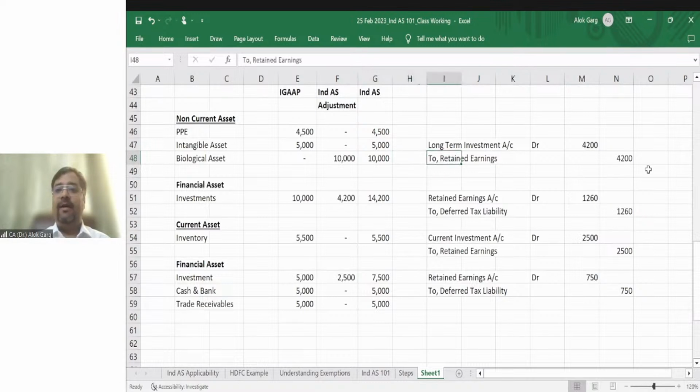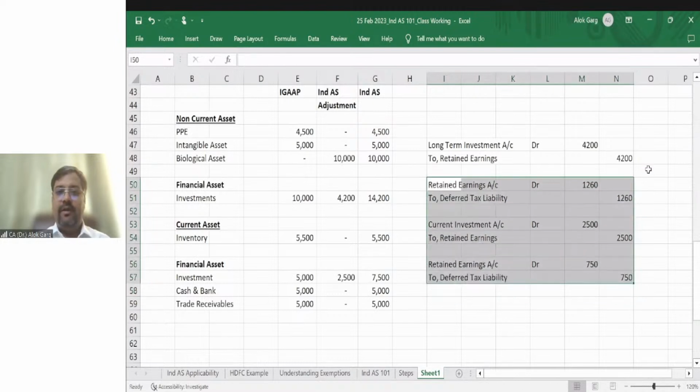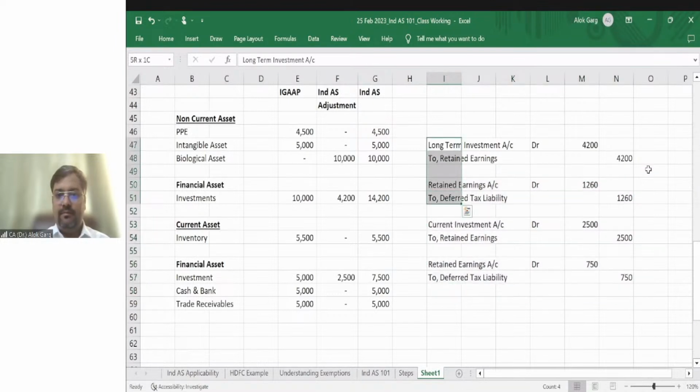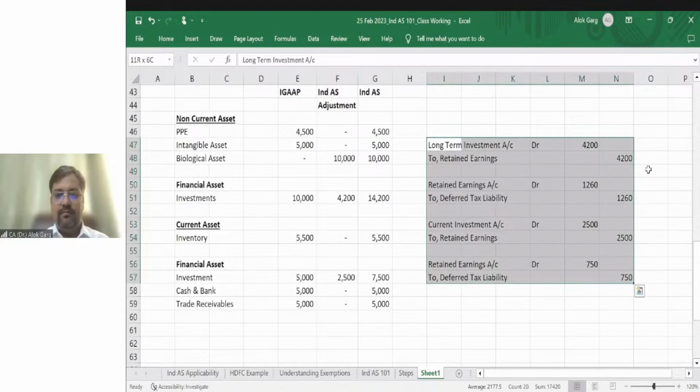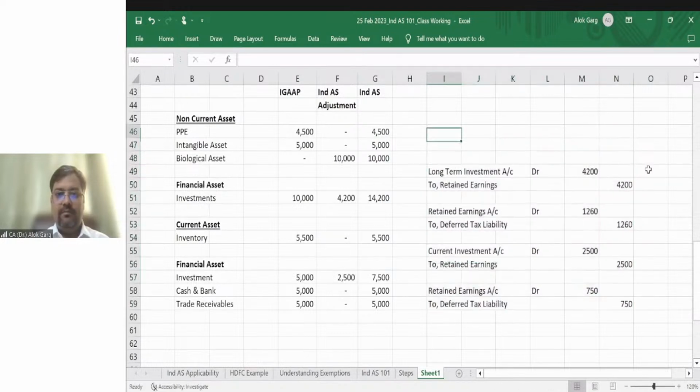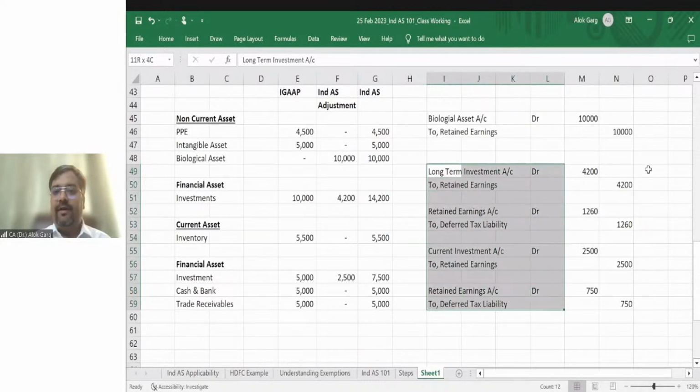So what is the accounting entry for biological asset? For biological asset, the accounting entry will be biological asset account debit to retained earnings account, 10,000. Right? And again, an accounting entry of deferred tax liability.